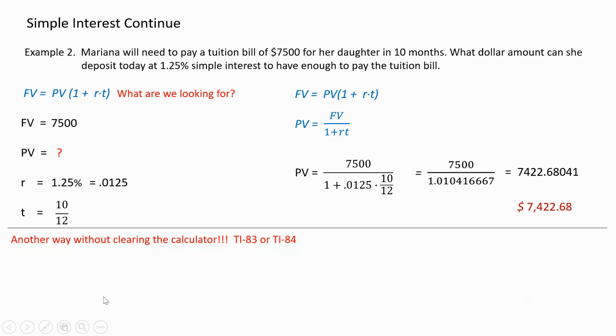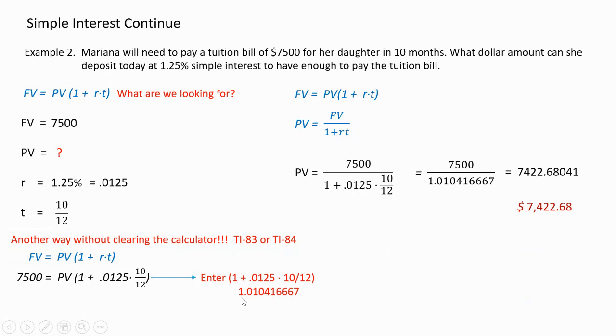Now, another way I like to plug into the calculator is this way, because you do not lose the flow of the calculator. I'm going to put everything in parentheses: 1 plus 0.0125 times 10 divided by 12, which gives us 1.01041667. Now you use the inverse key.